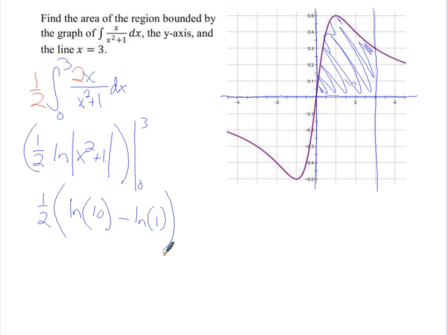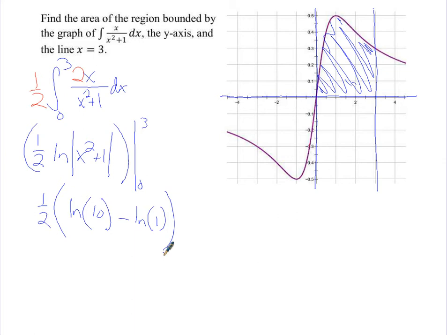Now what? We can use the properties of natural logs to see that we have the natural log of 10 divided by 1. Interesting. Is that true? Yeah, I guess we should probably use a calculator. So the exact answer would be 1/2 natural log of 10.